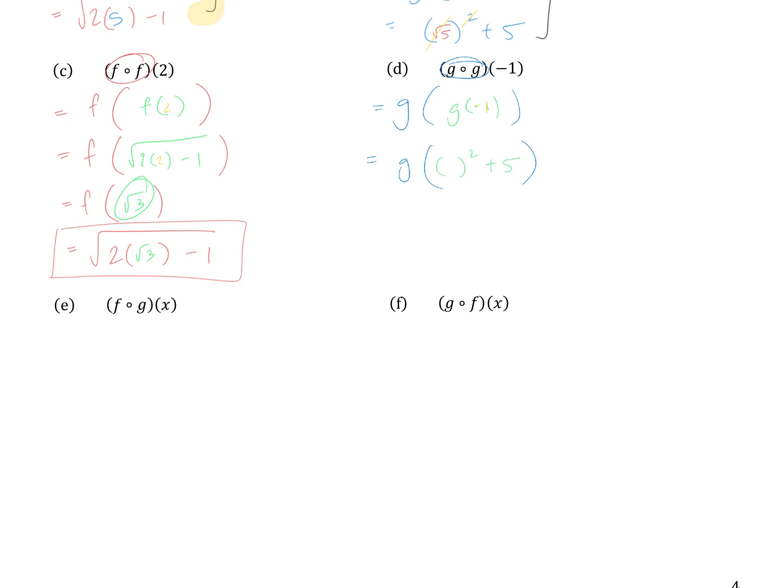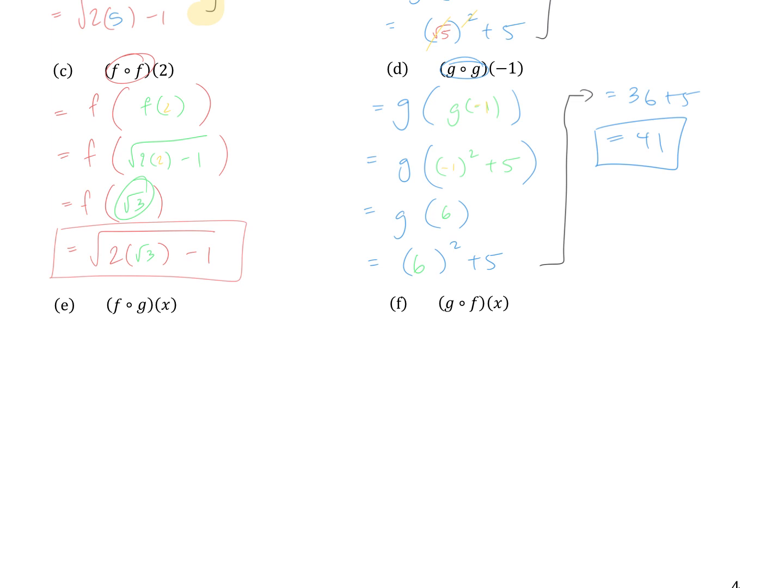My x value this time is negative 1. So negative 1 squared plus 5 is going to be 6. And then now we're just doing one more g function. This time we have 6 for my input. And that's going to give me 6 squared plus 5, which is 36 plus 5, which is going to be 41.